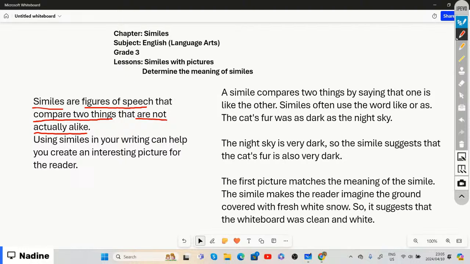When we use similes in our writing, it can help you to create an interesting picture for the reader.